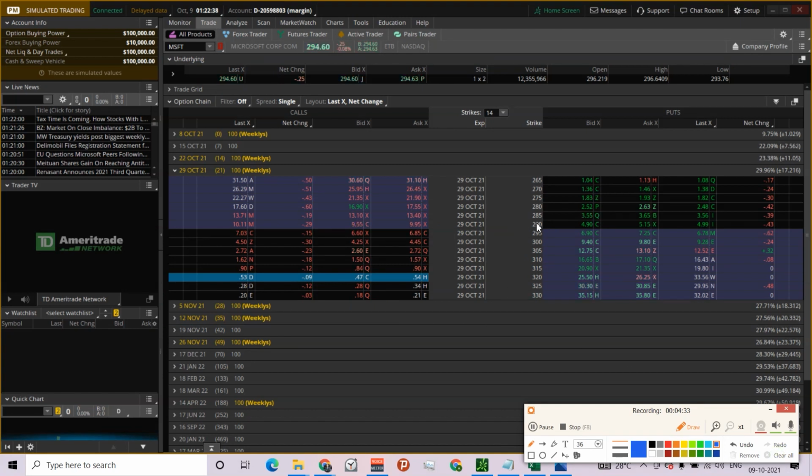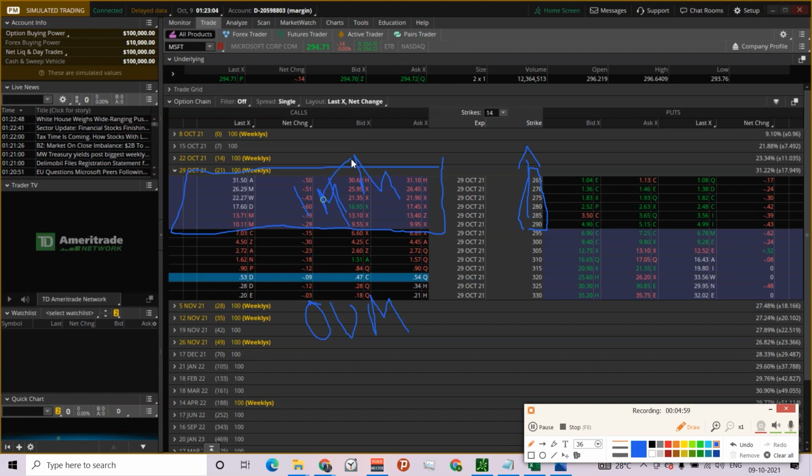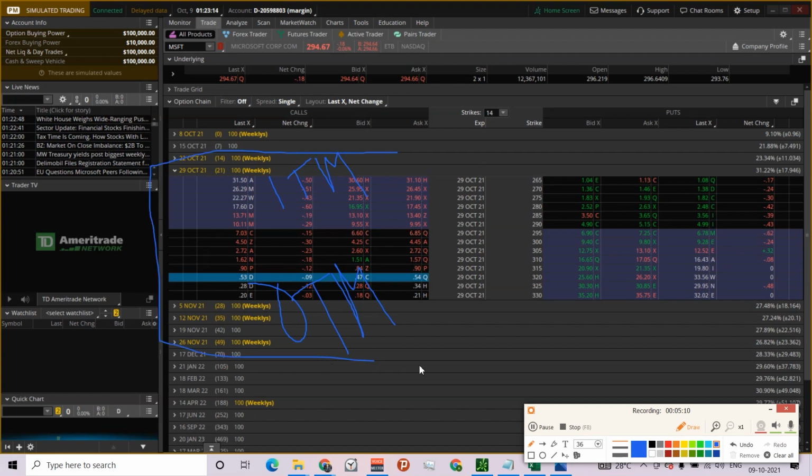And vice versa, if the strike prices are below 295, that is 290, 285, 280, 275, and so on toward the lower side, then we have in the money. So this is out of the money, and this is in the money, to be clear. This is for the call option.